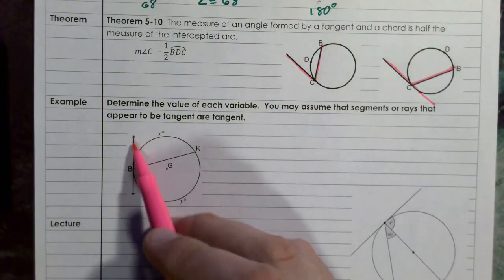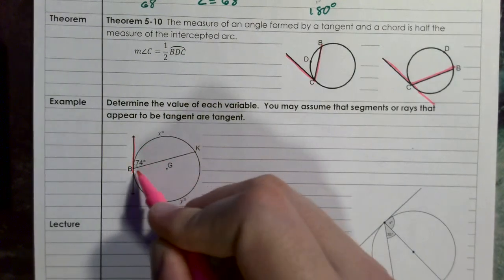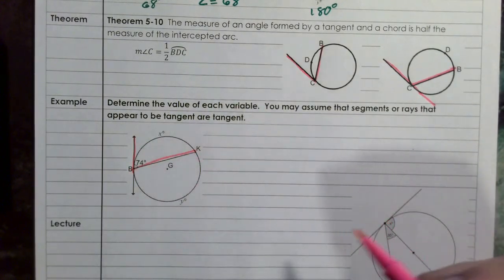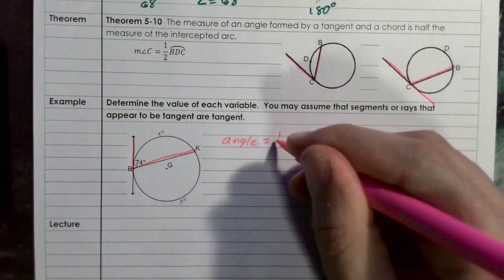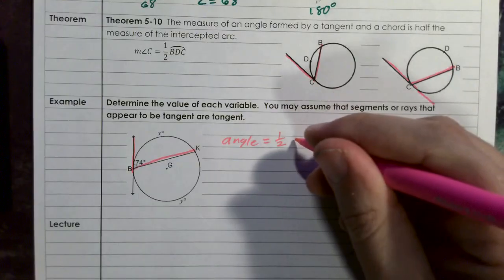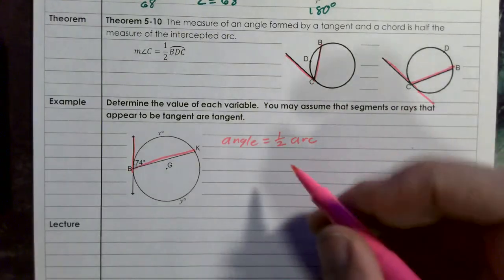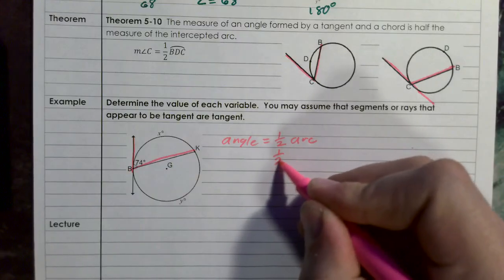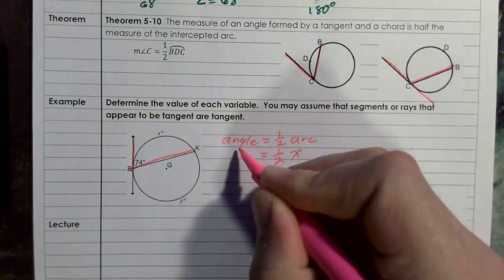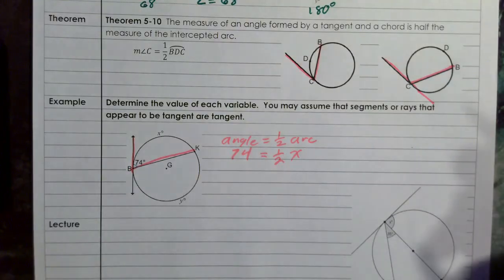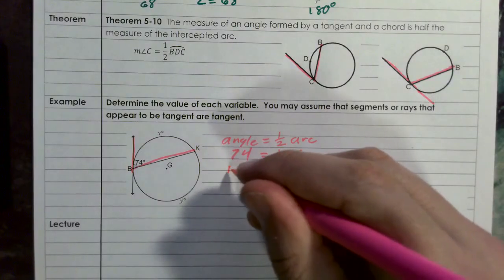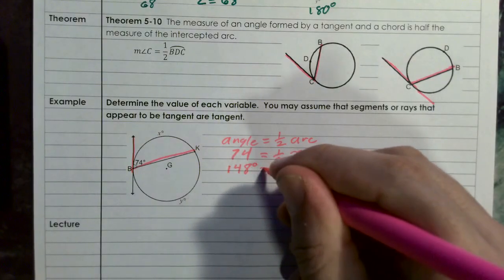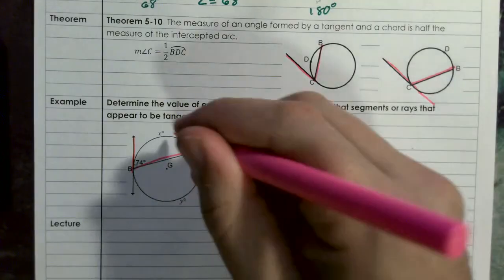So right here, where I've got this angle, that angle has to equal half of our arc. So our arc is that x, our angle is 74. So to figure out what x is, we just multiply both sides by 2. So 148 degrees equals x.